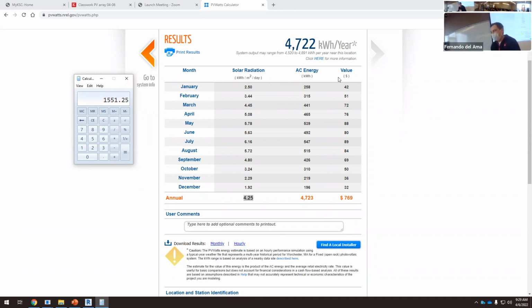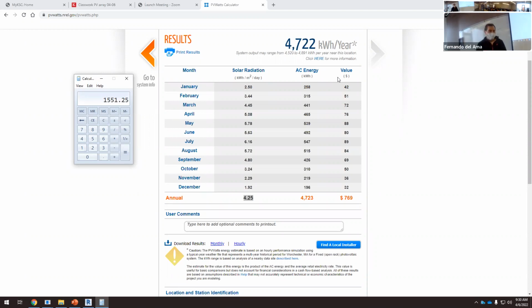This is probably because they are using the same database, because everybody uses the DOE, the Department of Energy database. So probably the database that they have is the same, but I don't know, maybe the average is different, or maybe they have considered, because if we are placing this at Keene, New Hampshire, we have the average of solar radiation over, I don't know, when they started measuring solar radiation in Keene, maybe at the beginning of the 20th century.